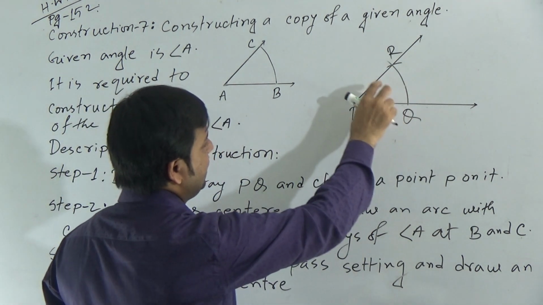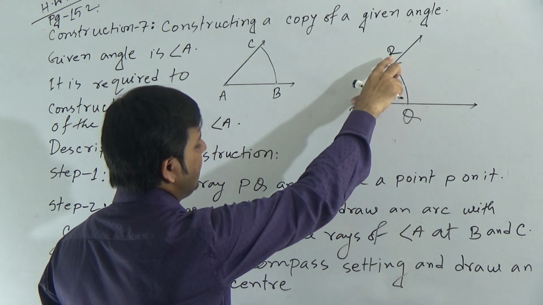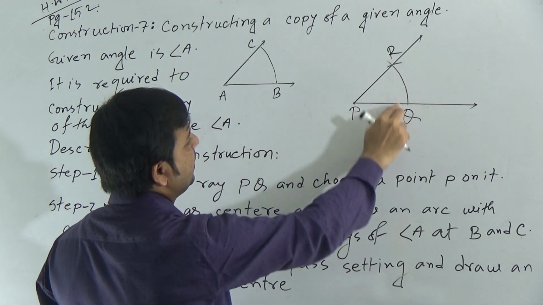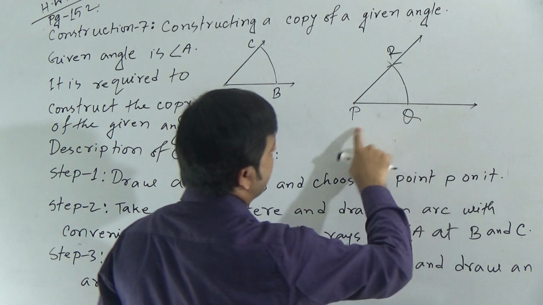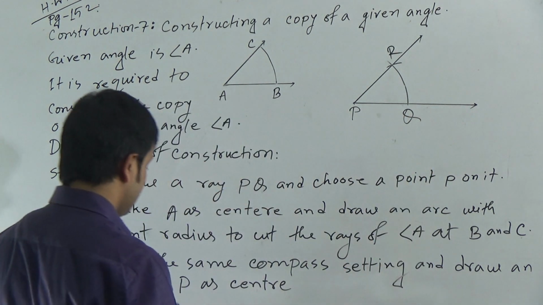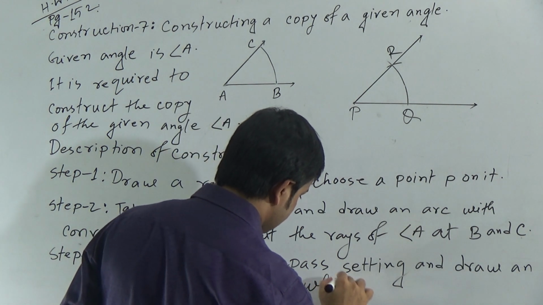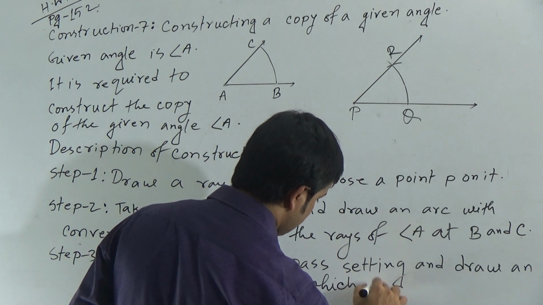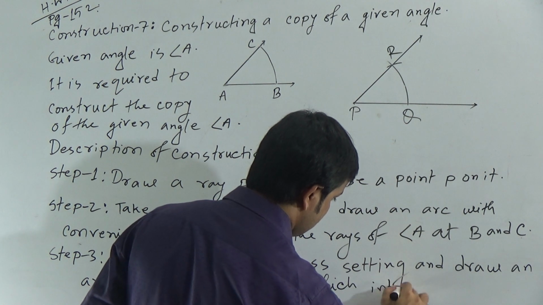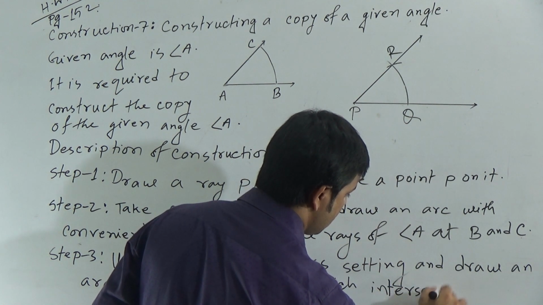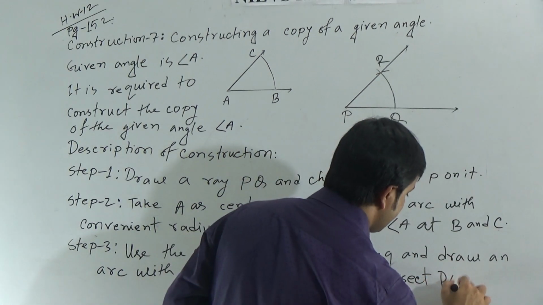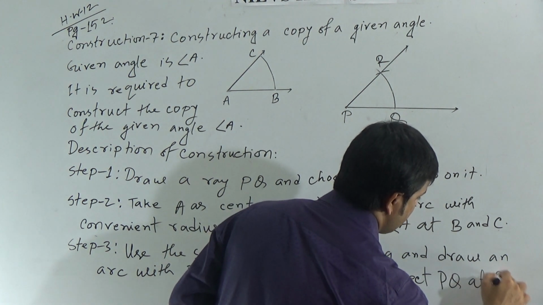Draw this arc with P as center using the same compass setting. This arc will intersect the ray PQ at Q.